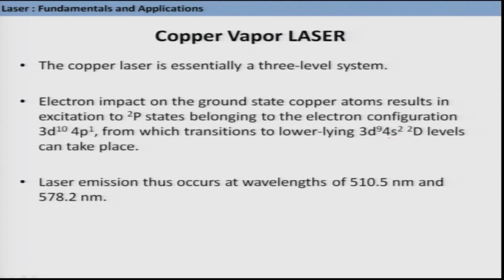The electron impact on the ground state copper atoms results in excitation to the 2P state, which belongs to the electron configuration 3d10-4p1, and from this state the transition to a low-lying 3d9-4s2 state, which has the symbol 2D, can take place, and the corresponding laser emission is achieved at 510.5 and 578.2 nm.